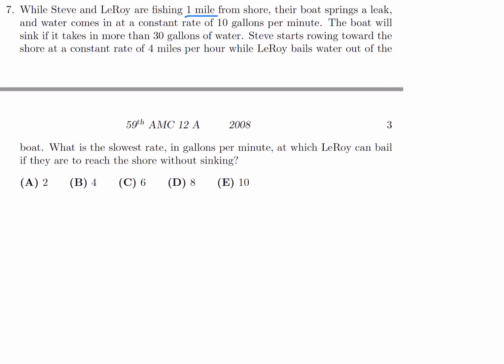They are 1 mile from the shore, and they're traveling at a rate of 4 miles per hour. So, in order to reach the shore, which is 1 mile away, that's going to take 15 minutes. All right? Now, from the time that they start getting this leak to the time they hit the shore, 30 gallons is the maximum amount that can go into the boat.